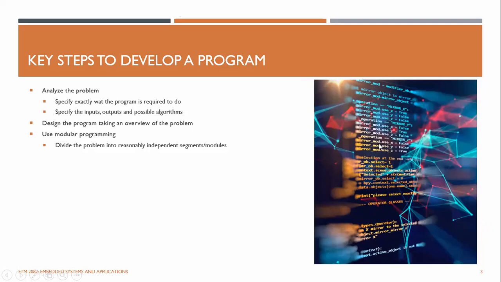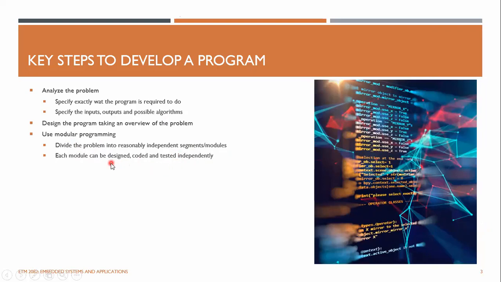It would be so hard to test them individually, right? So always use modular programs, because if you know the problem, you can divide it into segments or functions, and they can perform different tasks individually.